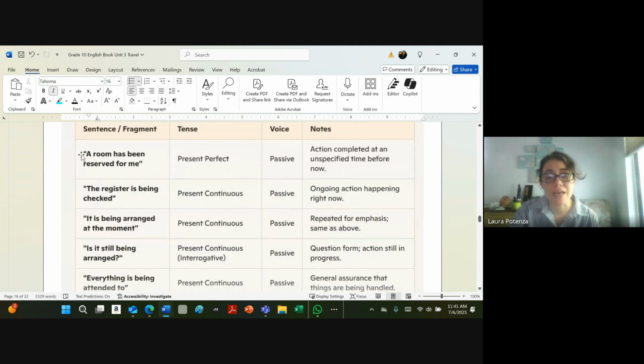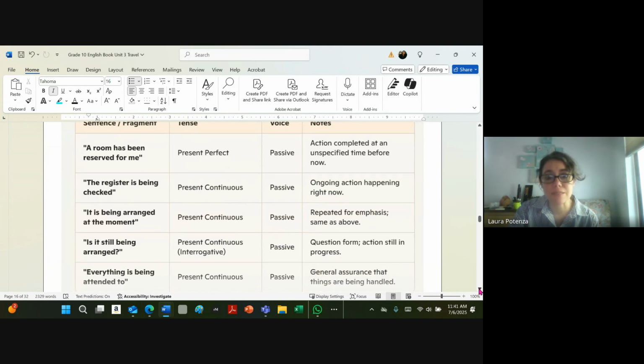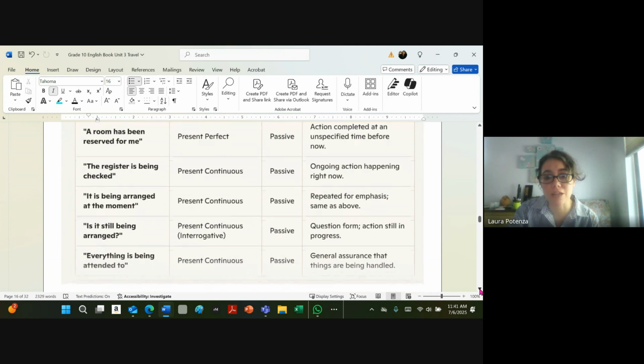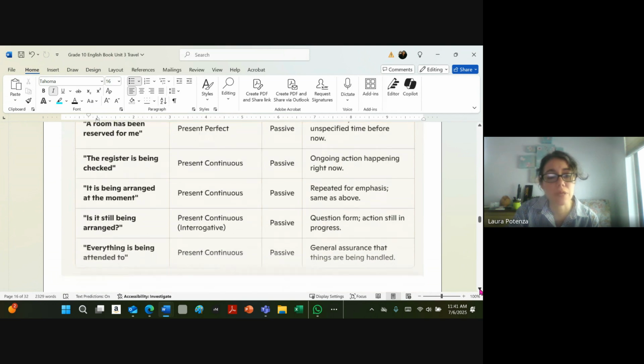So a room has been reserved for me. It's present perfect passive. The action completed at an unspecified time before now. The register is being checked. That's present continuous. In the passive voice, it's an ongoing action happening right now.